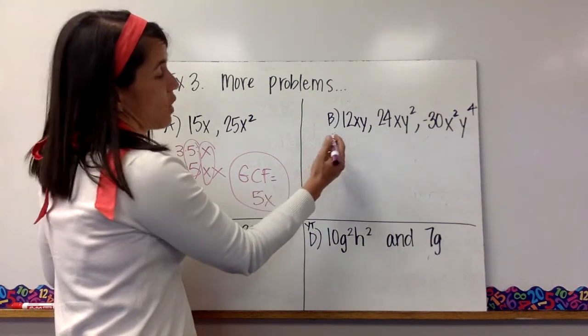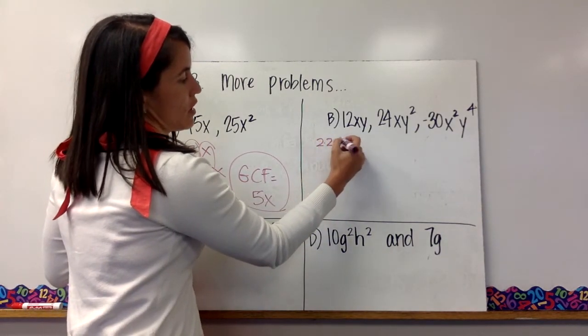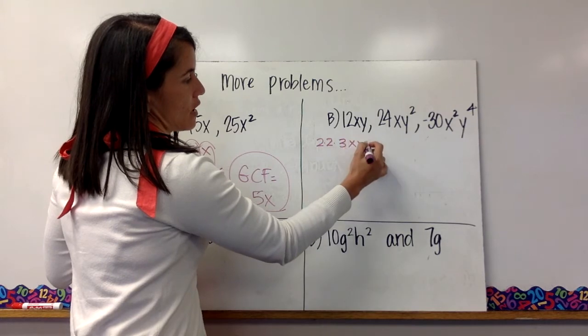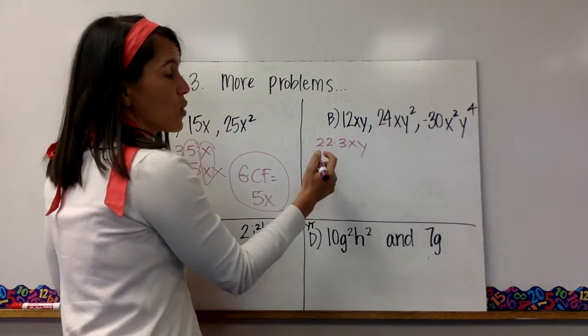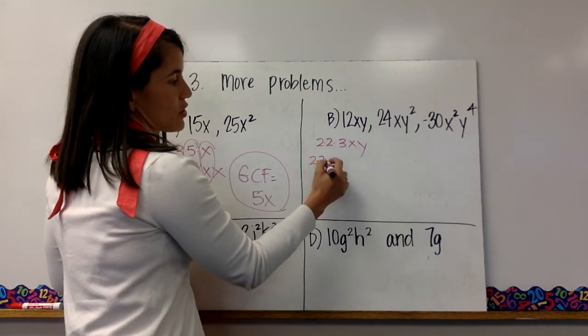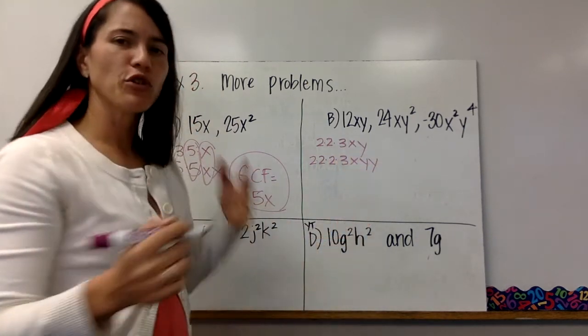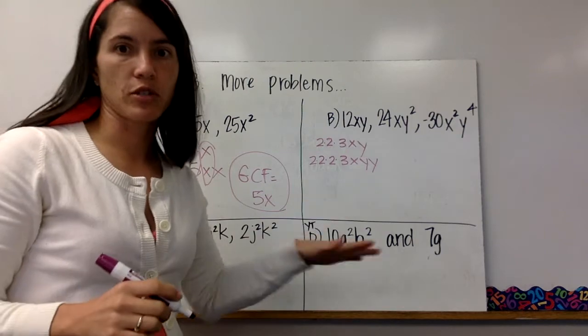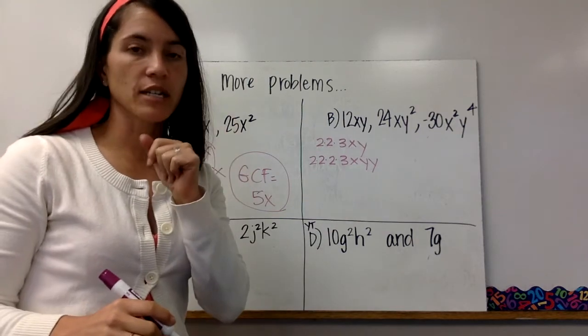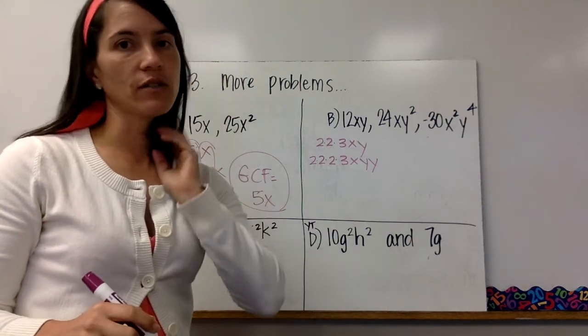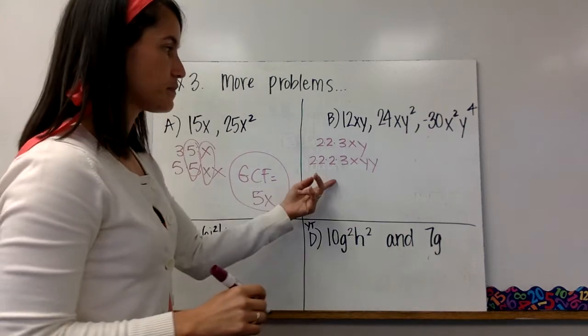For 12xy, that is 2 times 2 times 3xy. 24 is 2 times 2 times 2 times 3xy. Now, if you're not sure how I'm getting 2 times 2 times 2 times 3, then you probably need to go back and review greatest common factor, because that was definitely not an 8th grade skill.